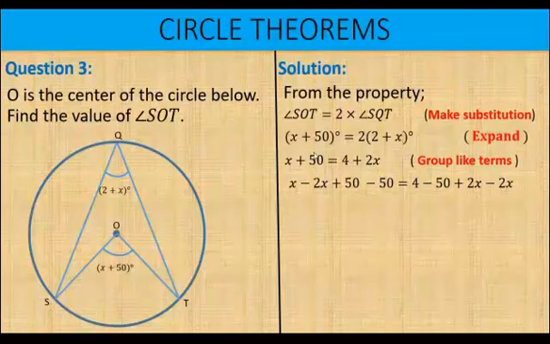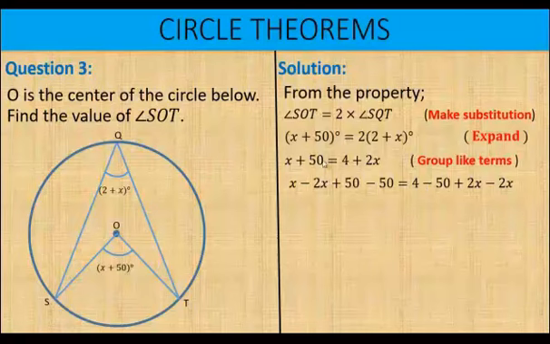To group like terms, we know that we have 50 here, and if we want the 50 to be at the right hand side, because the 50 is positive, we add its additive inverse, which is negative 50, to both sides of the equation, not only one side. That's why we see minus 50 here, and after the equal to sign we see minus 50 here.